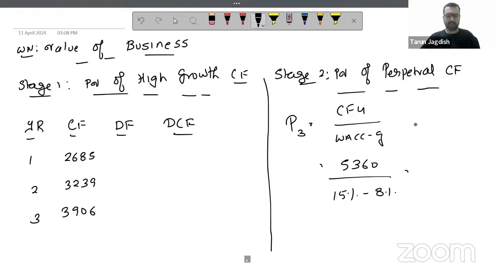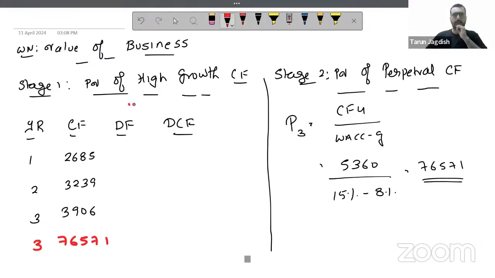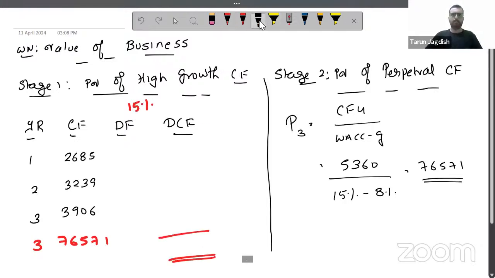So do you get the answer as 76,571? This will come over here as year 3. And we will use the same discounting factor again. Friends, if I'm doing any arithmetic error, let me know.